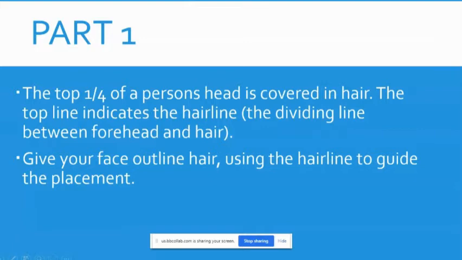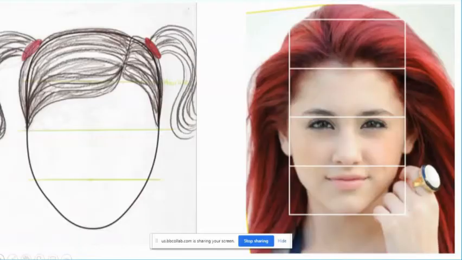So if you take a look at this example, you'll see that this person has a hairline at the top 1/4 of their head. Now, I have taken into account the fact that they've clearly had some hairstyling that adds body on top of their head, so I haven't included that at the very, very top of their head, as you can see here.